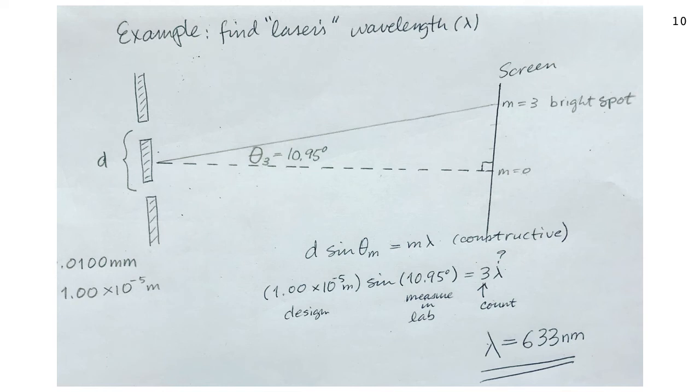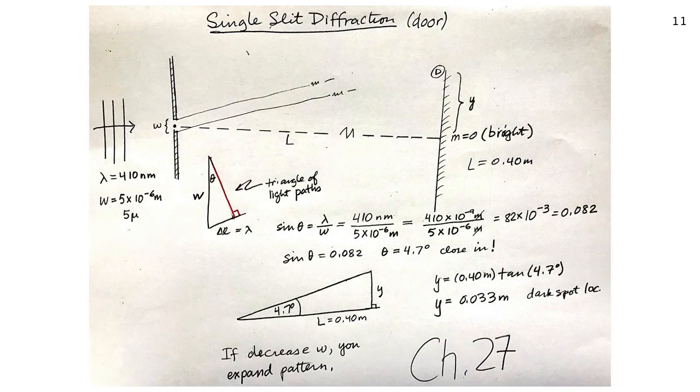We're going to go through and do a single slit diffraction. Let's see if I can. There we go. All right, now we're going to do another sketch. This one's going to be a little bit different because single slit is a little bit different geometry than double slit.